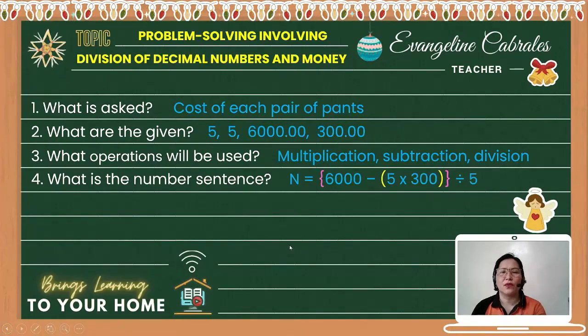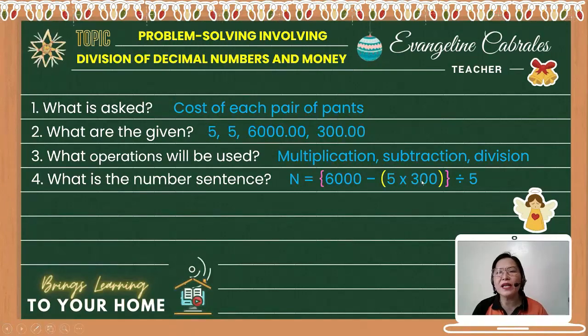Ganito yon. So, n equals, open bracket, 6,000 minus, open parenthesis, 5 times 300, close parenthesis and close bracket divided by 5. Bakit? Ito yung binayaran, yung total price ng lahat ng t-shirt at pantalon. Ito yung bilang ng t-shirt at ito naman yung presyo ng bawat t-shirt. So, kailangan mong i-multiply silang dalawa para malaman ano ba ang total cost ng t-shirt.